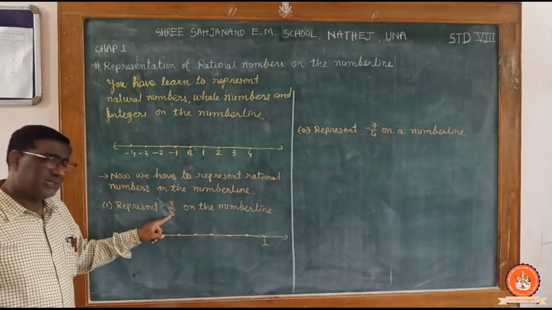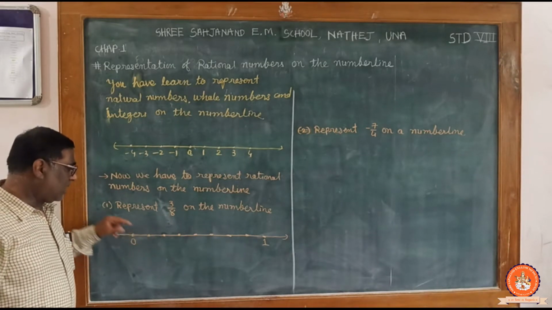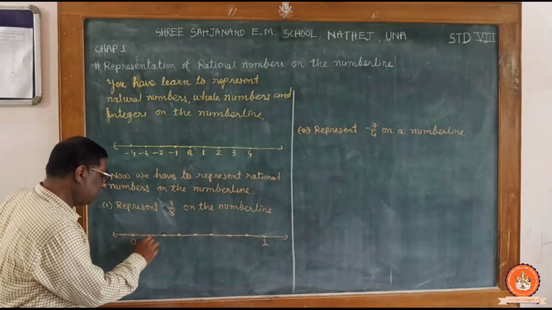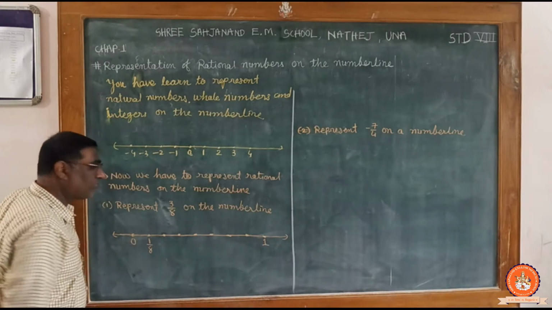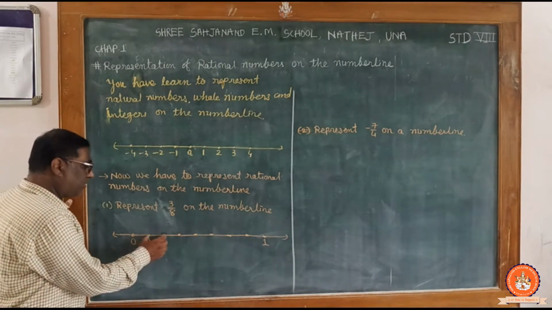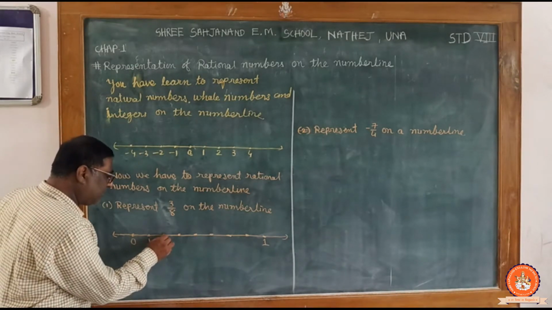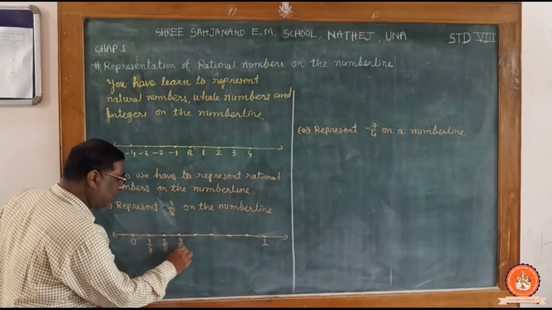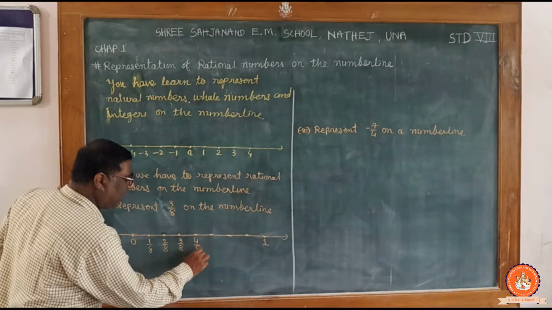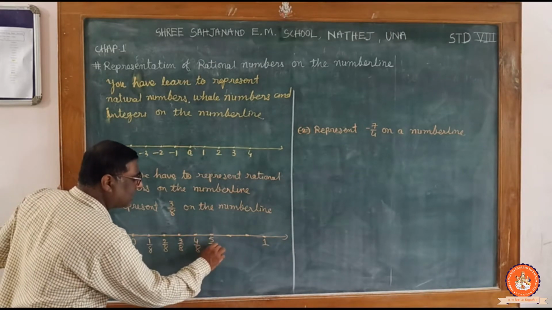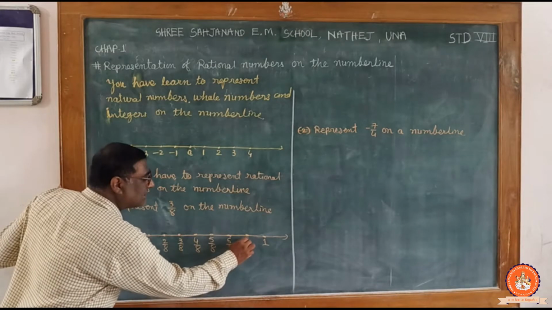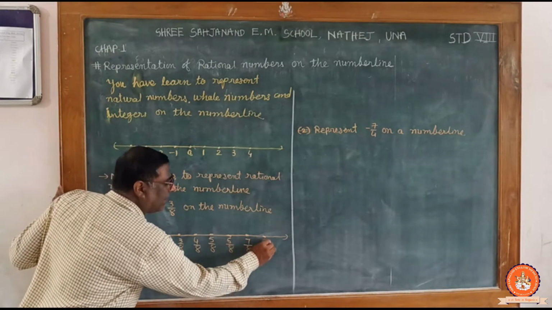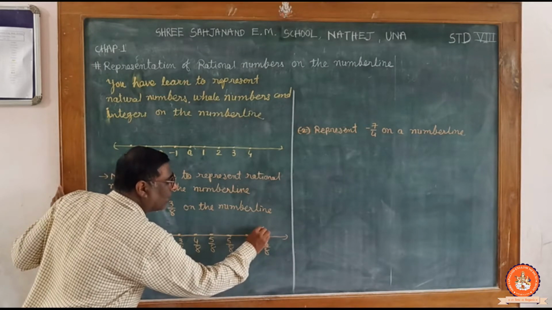Now look at that. Denominator is 8. Now label the end of the first part as 1 by 8. Okay. Now again the end of the second part is 2 by 8. 3, this one is 3 by 8, 4 by 8, 5 upon 8, 6 upon 8, 7 upon 8, and this one is 8 upon 8, which is equal to 1.